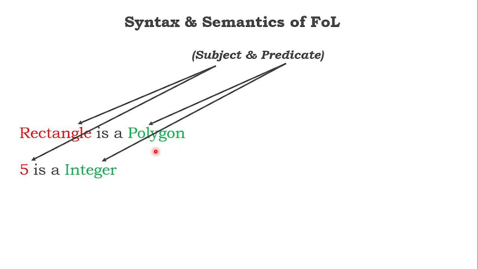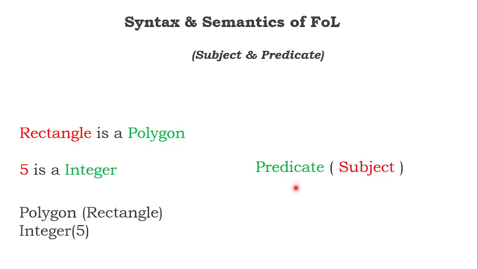Always represent the subject within brackets and the predicate outside the brackets. So polygon(rectangle), integer(5). A first order logic engineer should read it as rectangle is a polygon, 5 is an integer.